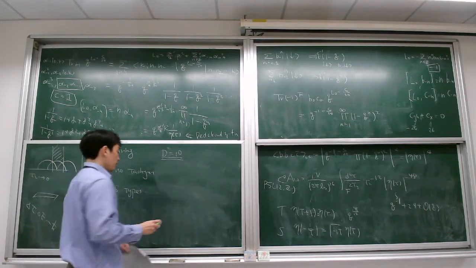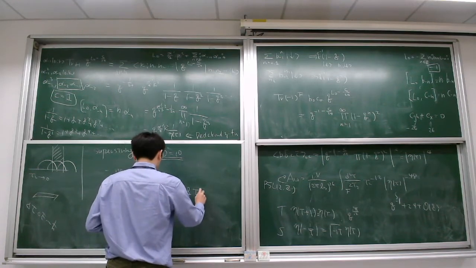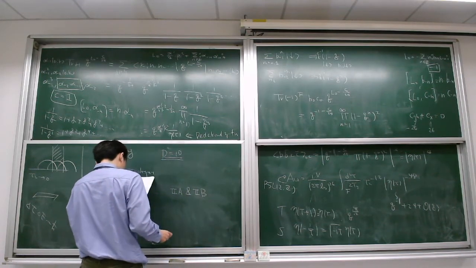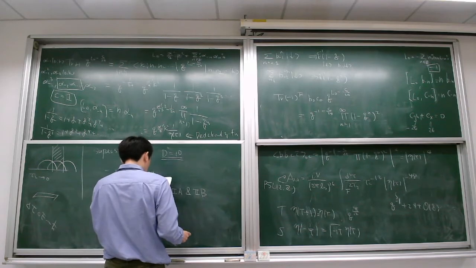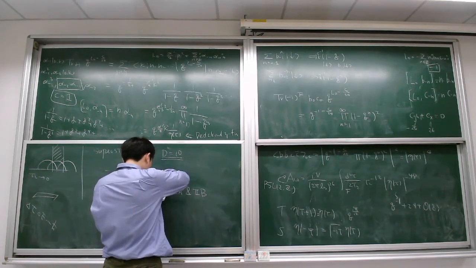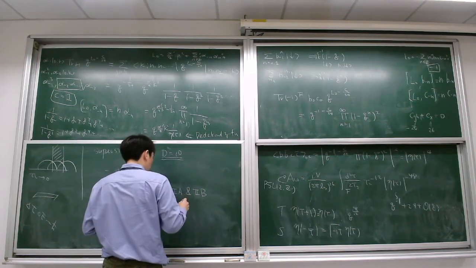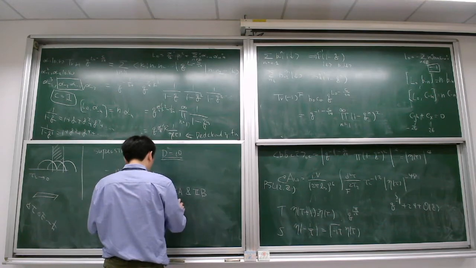So one is called type 2A and 2B, and also type 1.